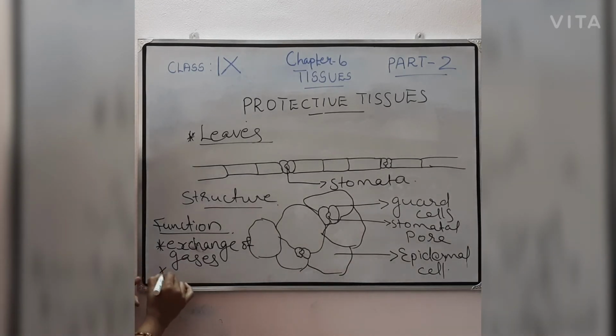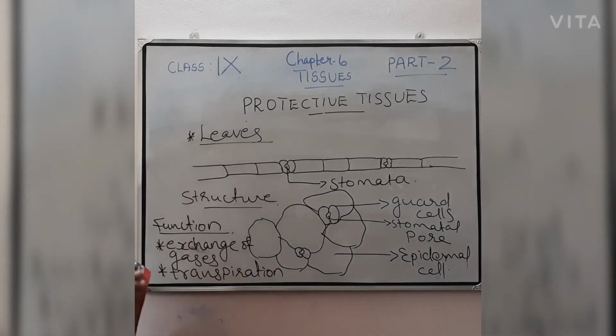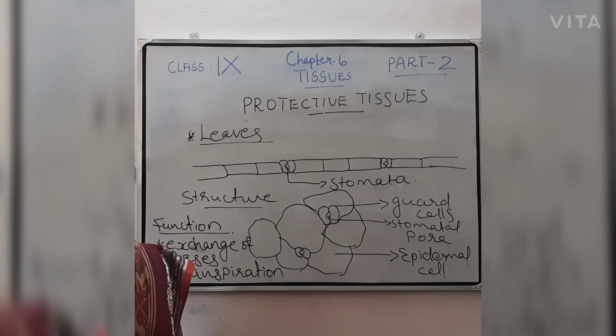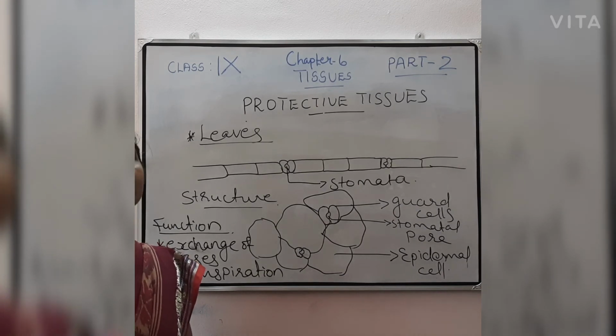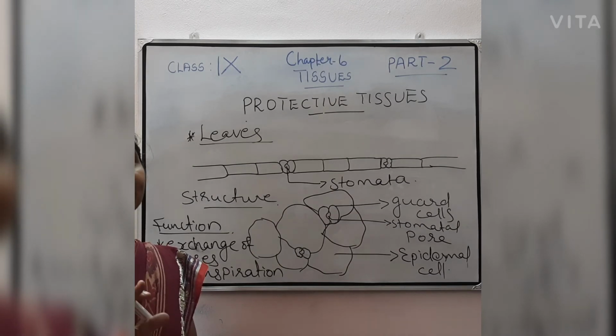Another function is that it also helps in the process of transpiration. Then what is transpiration? It is the process of loss of water from the plant body in the form of water vapor through the stomata. So once again, what is transpiration? The process of loss of water in the form of water vapor from the plant body through the stomata.